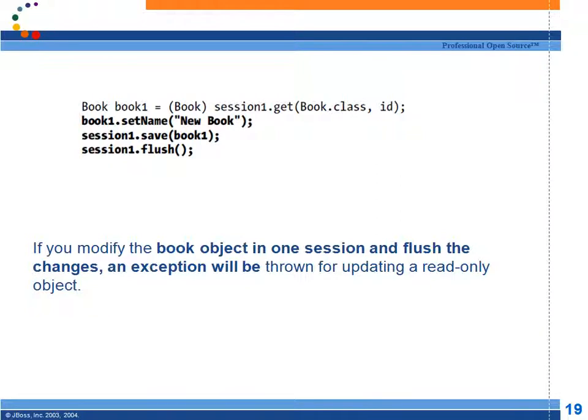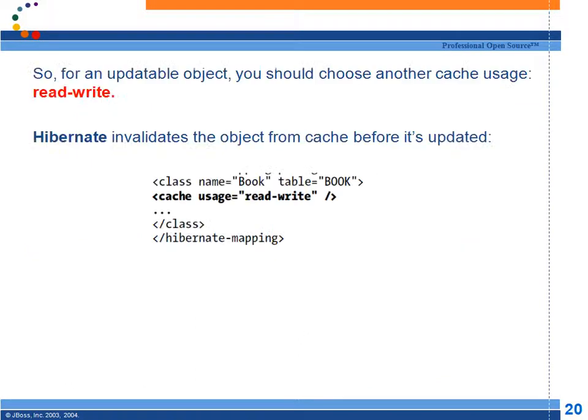If you modify the book in the session and flush the changes, an exception will be thrown for updating the read only object. Right? You cannot. If you want to avoid that, you can use a strategy called read write. So according to the usage, if a particular object is used only for read operations, then you use read only. Otherwise, you can use read write.